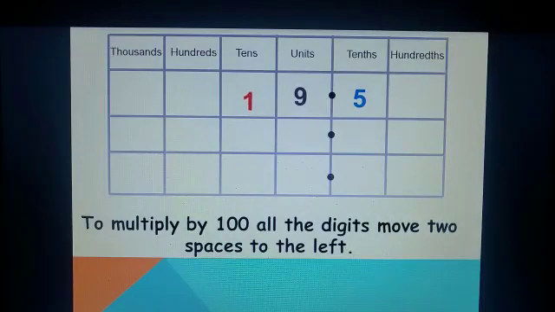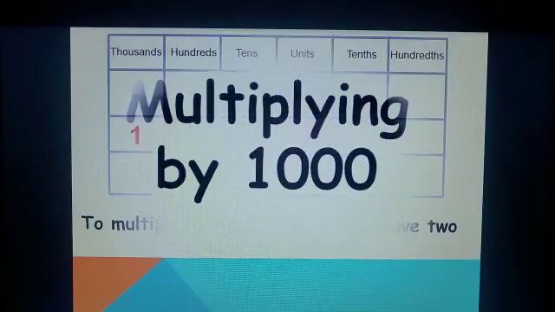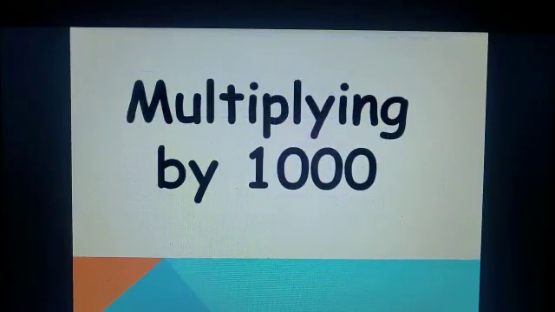My 10 will move to the 1000, my 9 units to the hundreds, and my 5 tenths to the tens, and I add my placeholder 0. The answer is 1950.